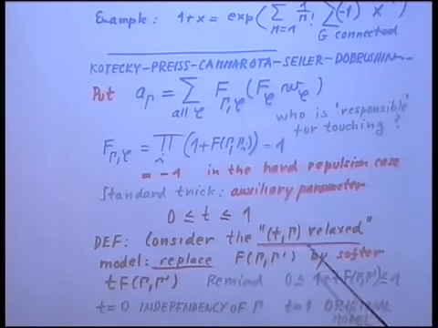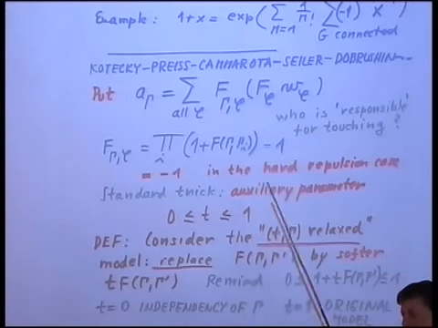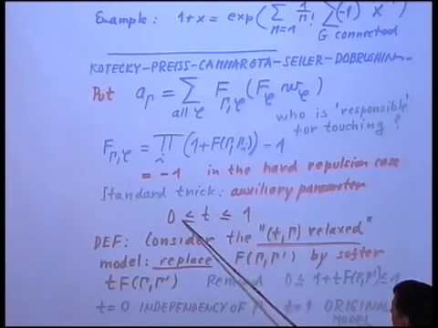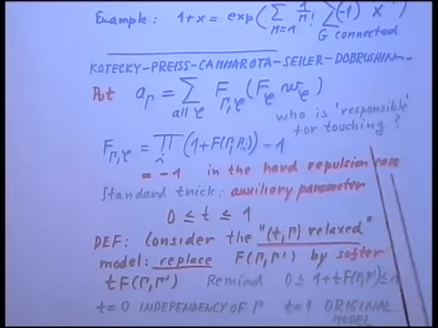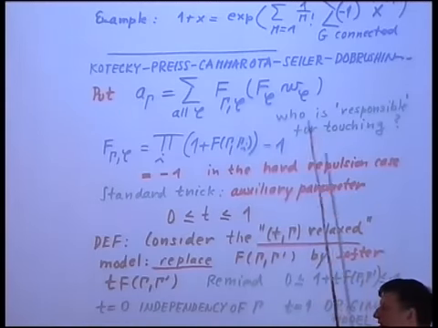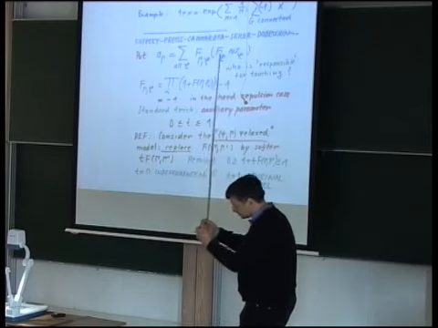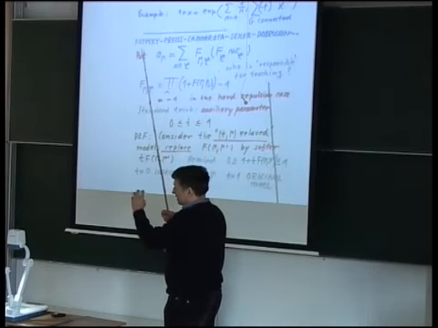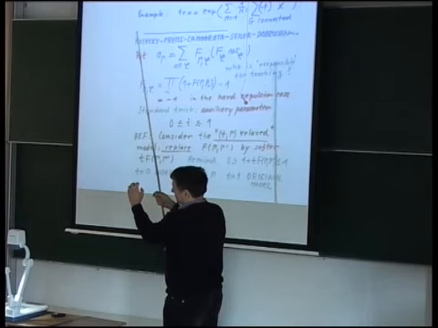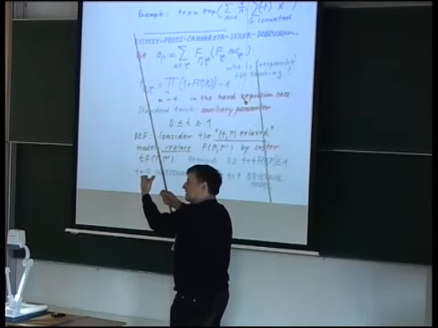And then I use a trick which is very standard, using an artificial new variable t from 0 to 1, and I consider a new model. Why am I doing it? Because how do you want to obtain the Kotecký-Preiss equation? You take the sum over clusters touching a given polymer, and then you want to say this polymer is responsible for touching, and the rest forms an exponential.